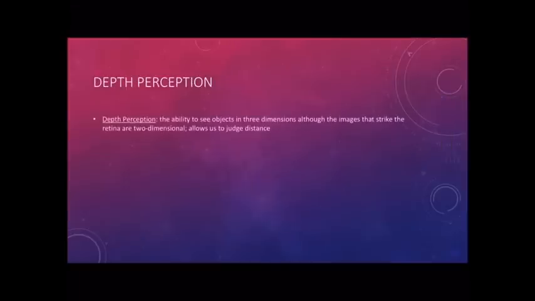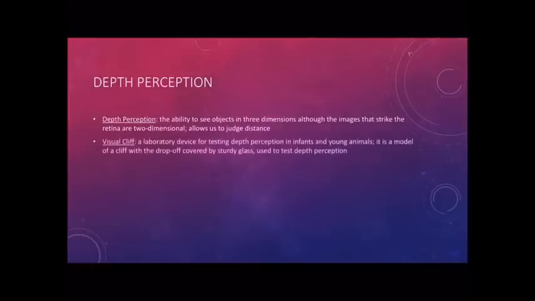Okay. Depth perception has to do with being able to tell how far away or how close an object is to you. And we would use these studies called visual cliff studies, where we would actually put infant children or very small animals onto a table with a piece of see-through glass beyond it.